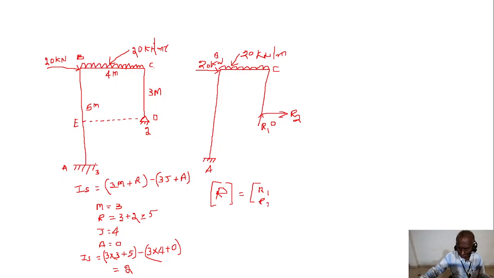This is also written as the matrix of VD and HD, the vertical reaction at D and the horizontal reaction at D.